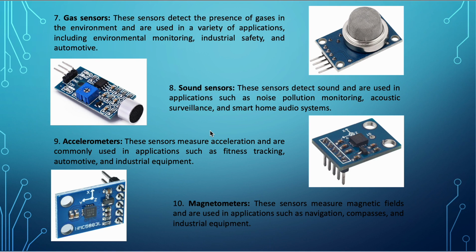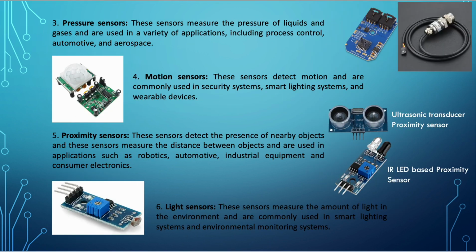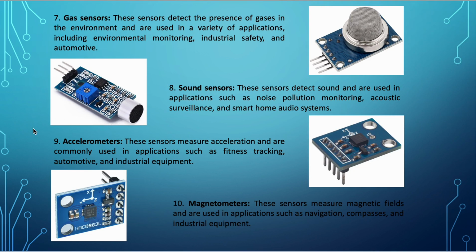They don't detect movement in the way of what is in front of them. If an accelerometer is there in an IoT device, and that IoT device moves, if it is being accelerated, accelerometers can measure that movement, can measure that acceleration, and through the data we get, we can measure the amount of acceleration.